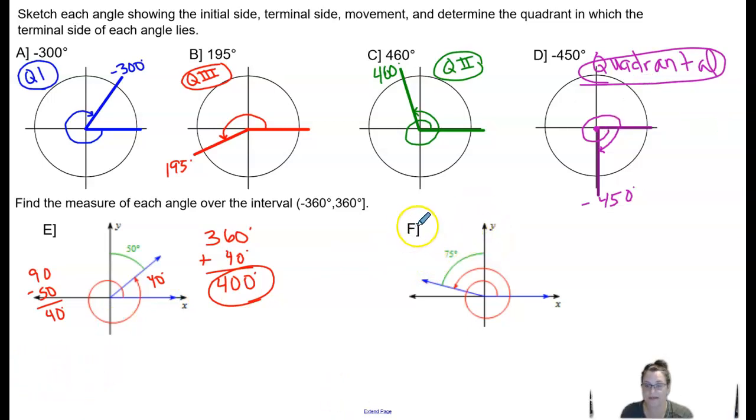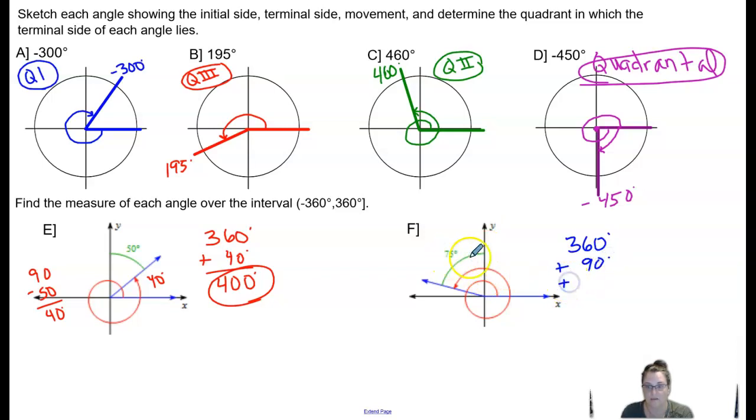Okay, so in example F, when we look at the initial side and the indication of the direction of movement, this is rotating counterclockwise, so it's a positive angle. It goes 1 full revolution around, which would be 360 degrees. And then we need to add from there another 90 to get to the positive y-axis.